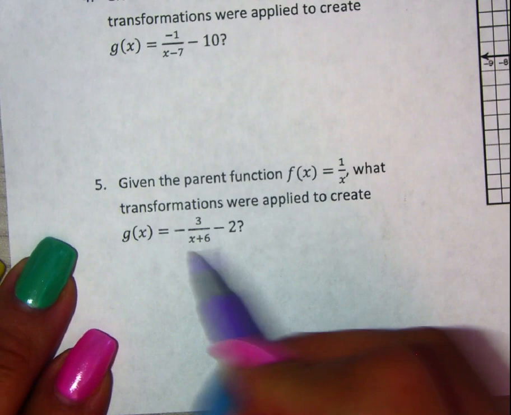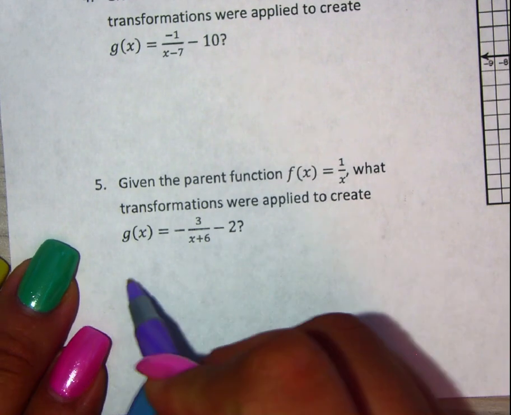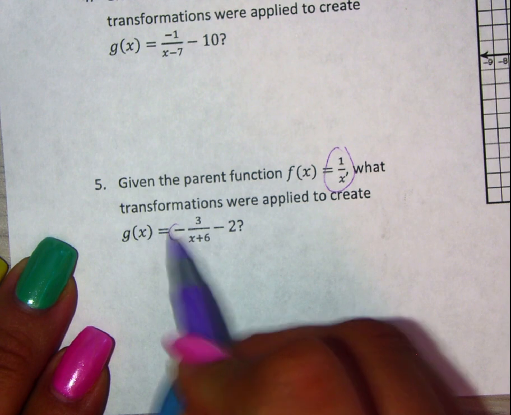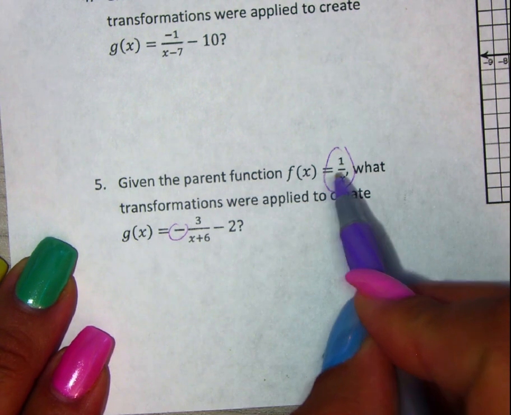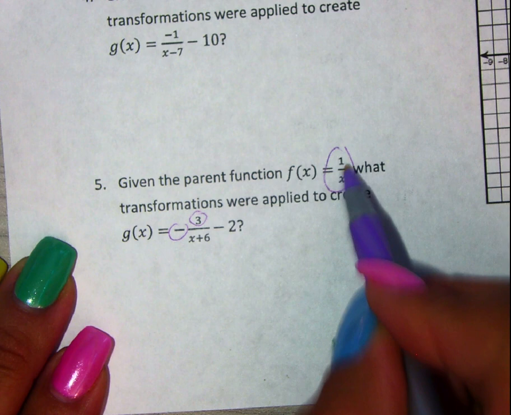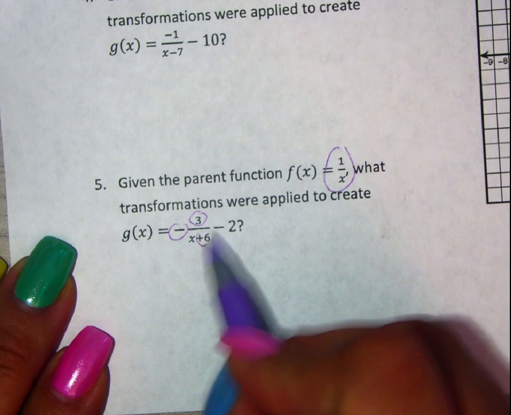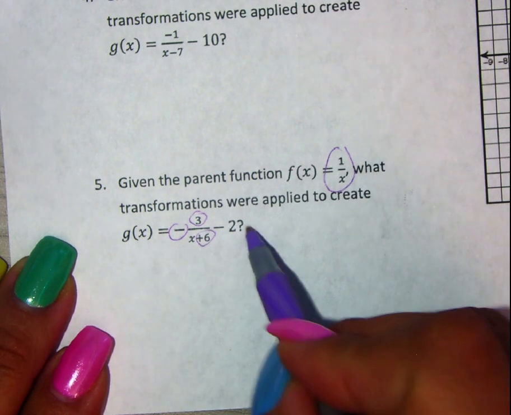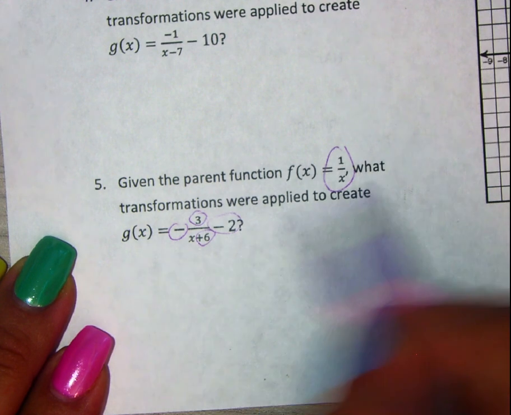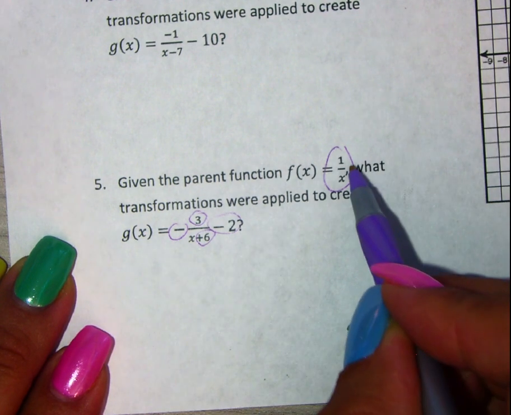Number 5 has here, if you compare this to the parent function, we have a negative in the front compared to the parent function. We have a 3 on the numerator. We have a 6 being added to that x on the denominator. And we have a negative 2 being subtracted on the function.